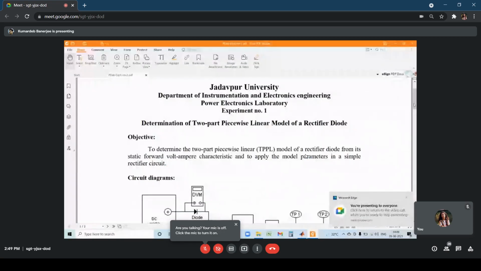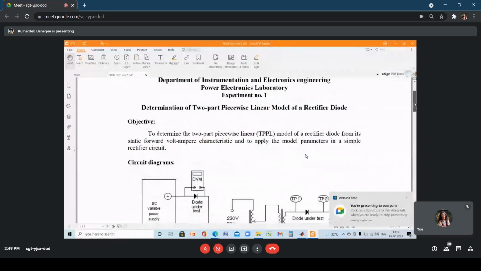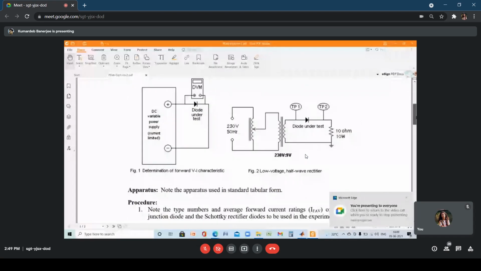So we once again go back to the presentation part. If I look at the circuitry, to find it out, please concentrate on figure 1. The instruments involved are a DC variable power supply for which the current can be limited. So how do we limit the current of a power supply? You essentially dead short the two terminals of the power supply, right?